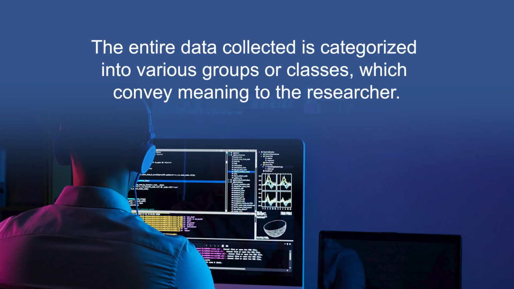Technology factors are classified separately, and organizational factors are classified separately, and environmental factors are classified separately, because data having common characteristics are placed in a common group. This is how a researcher classifies the whole data, and the entire data collected is categorized into various groups or classes which convey meaning to the researcher, right?